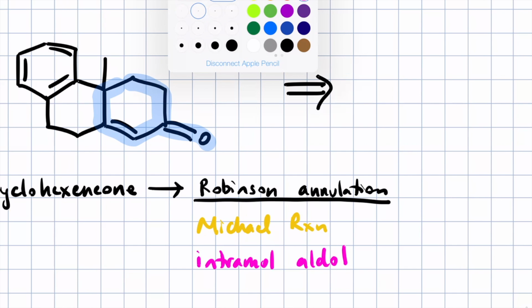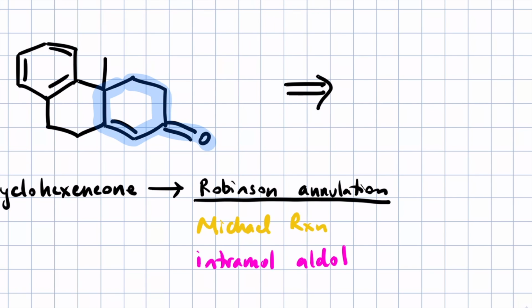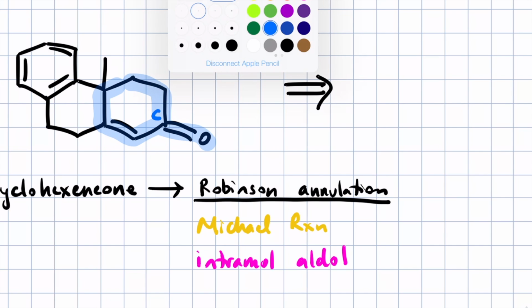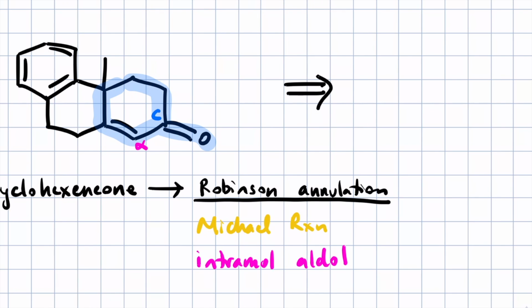So I'm going to use the color blue for this carbonyl carbon. On the bottom hand side, I'm going to use pink for alpha carbon and pink for beta carbon.